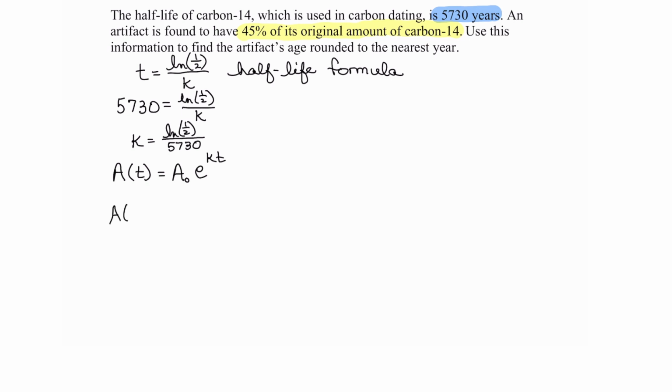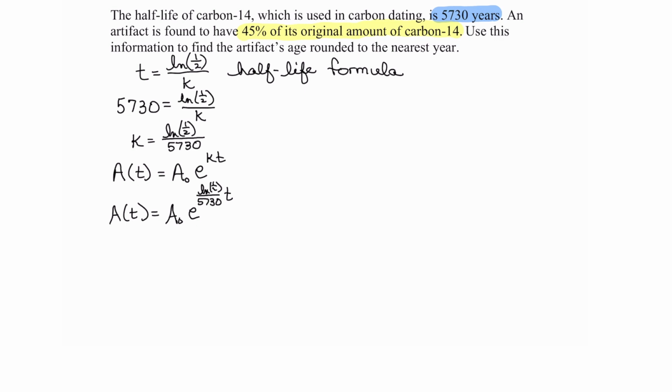So that gives us A of t is equal to A sub 0 times e to the natural log of 1/2 divided by 5,730 times t. And be careful that you write that k as a coefficient in front of the t, but that those two things are exponents on the base of e. So you have to be really careful when you're writing it from one stage to the next.